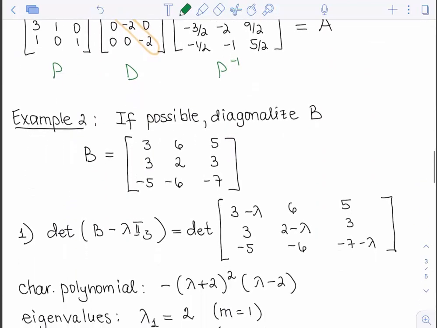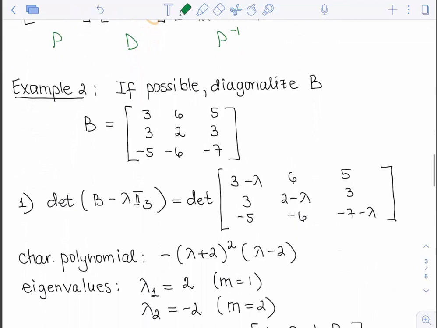This one says, if possible, diagonalize the matrix B, okay? Again, we're working with a 3 by 3 matrix. We need to find the determinant of B minus lambda times the identity, okay?